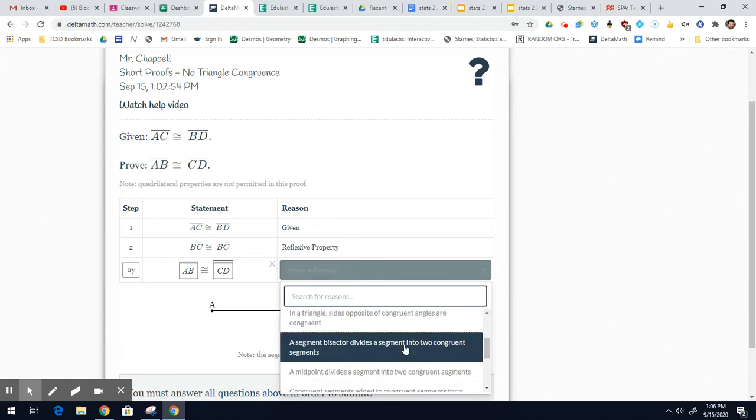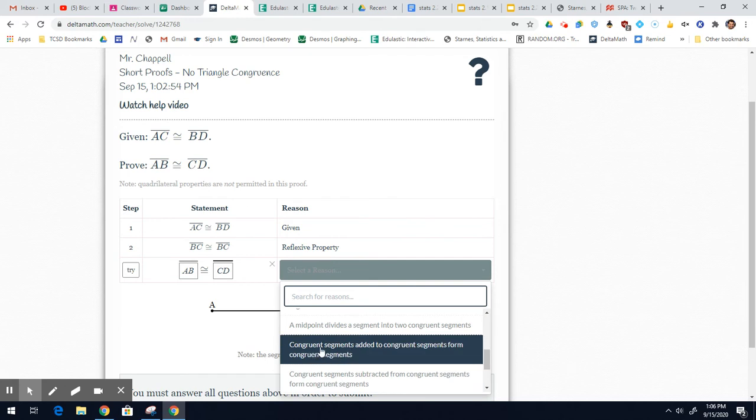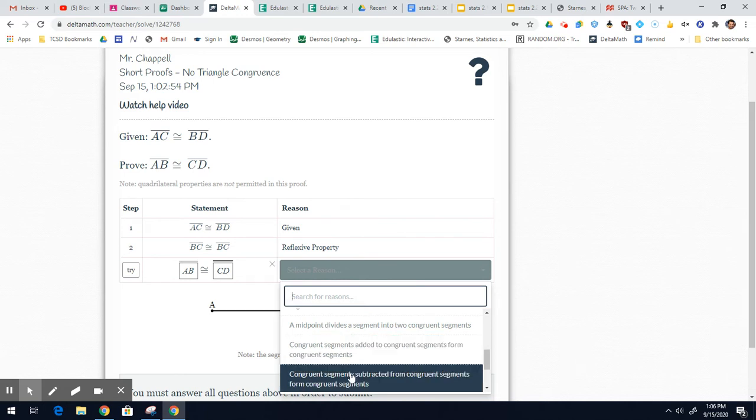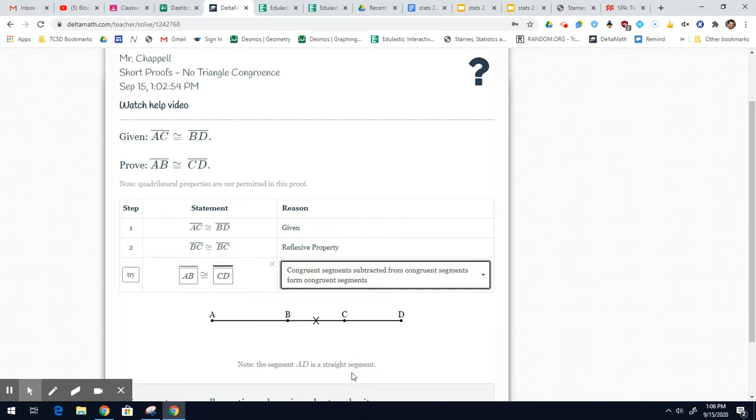So if you look through here, okay, it's this idea of congruent segments. Now, congruent segments added to congruent segments form congruent segments. We didn't add. We took the larger segment and we subtracted that common area of BC. So congruent segments subtracted from congruent segments form congruent segments. Again, it's a version of the segment addition postulate.